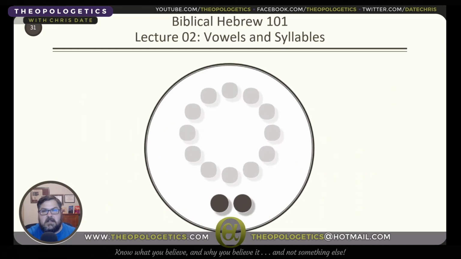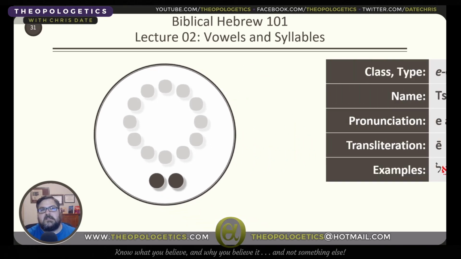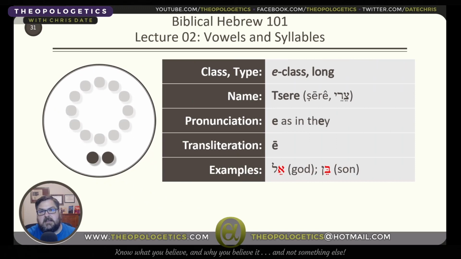All right. Now let's move on to the E class of vowels, beginning with the long E class vowel called tsere. The shewa, recall, is a vertical line of two dots. The tsere is a horizontal line of two dots under the consonant. It is pronounced like the E in they, although in hurried, normal, everyday speech, sometimes it's indistinguishable from just an ordinary eh sound.